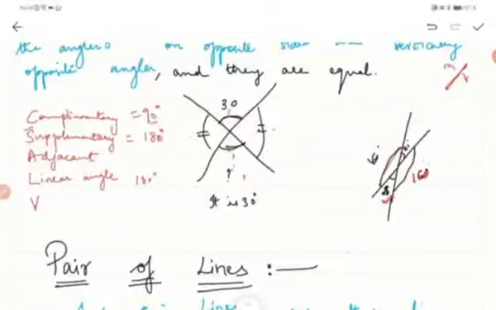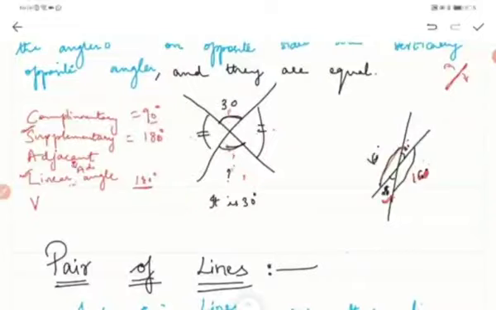So don't get confused between the linear pair and supplementary angles. Both say 180 degrees, but for a linear pair, the two angles should first be adjacent, and if the adjacent angles' sum is 180 degrees, then you say it is a linear pair.